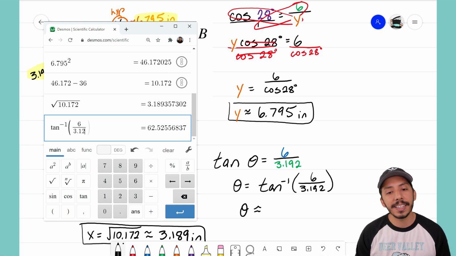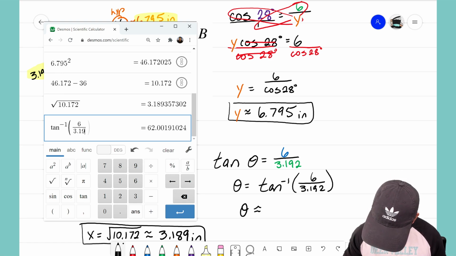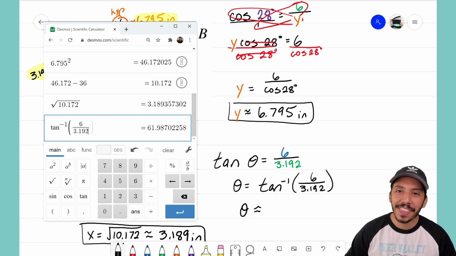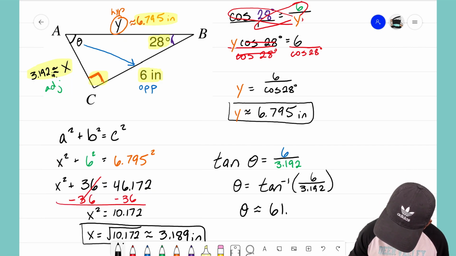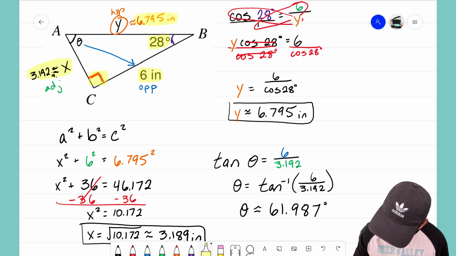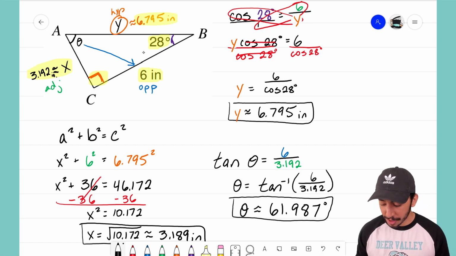I forgot the 192 part. Whoops, 192. We see that theta is approximately 61.987 degrees.